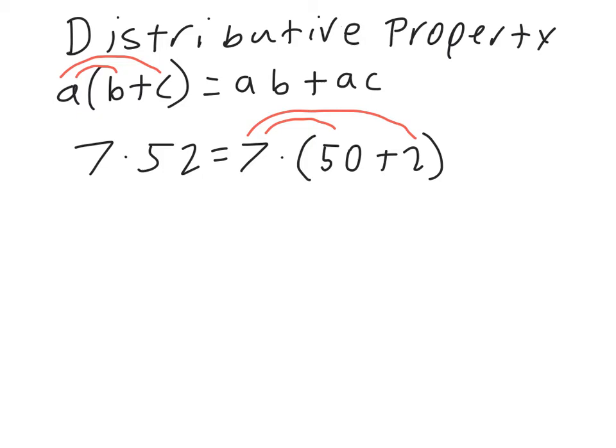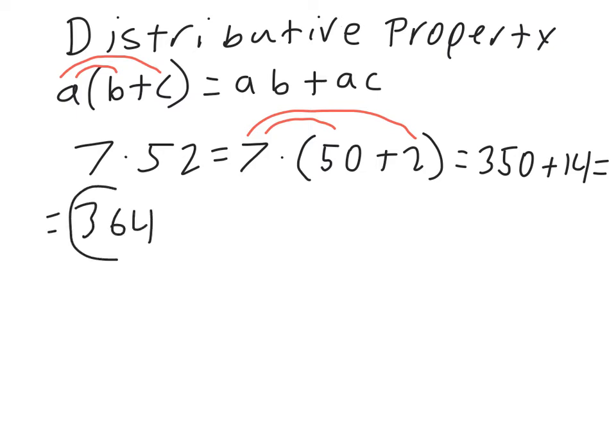So 7 times 50, well, 7 times 5 is 35, and then add a 0 at the end. And then 7 times 2 is 14. And then add those: 350 plus 14 is 364. Probably a bit quicker than doing the multiplication out, especially if you're trying to do it in your head.